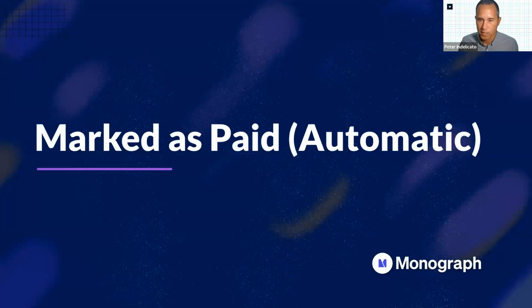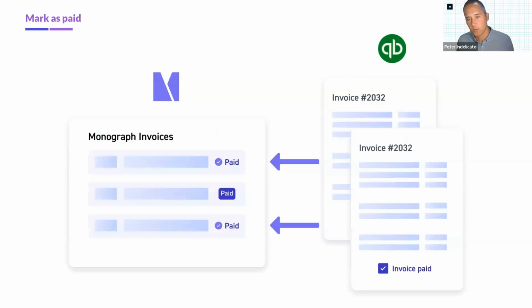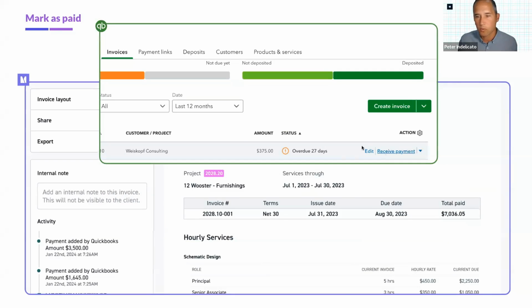Some other time savers, marking as paid. You can imagine that after you send an invoice over to QBO, if you apply a payment to that invoice in QBO, we don't want you to have to do that same mark as paid action in Monograph. We actually automatically mark them as paid for you when we detect that you've marked an invoice as paid over in QuickBooks. So if you're familiar with QuickBooks, which most of you probably are, you can see that there's a receive payment button on every invoice.